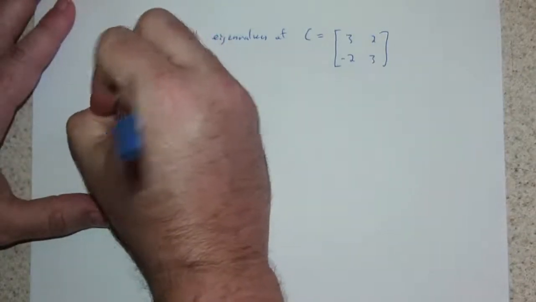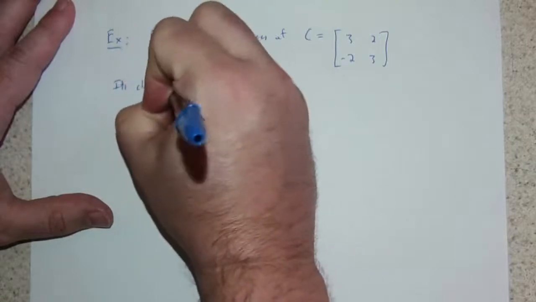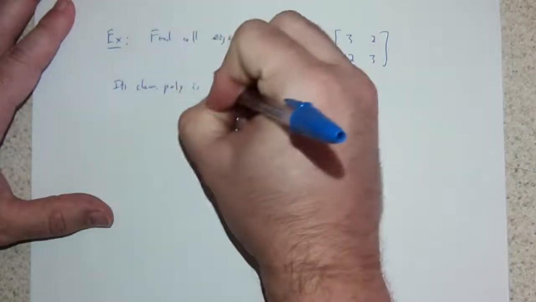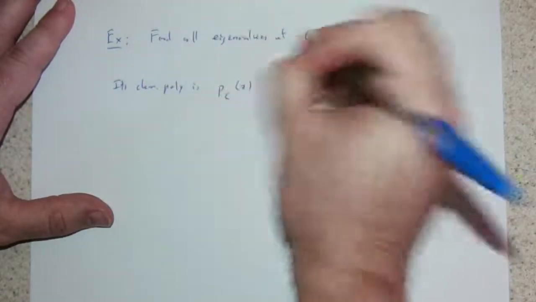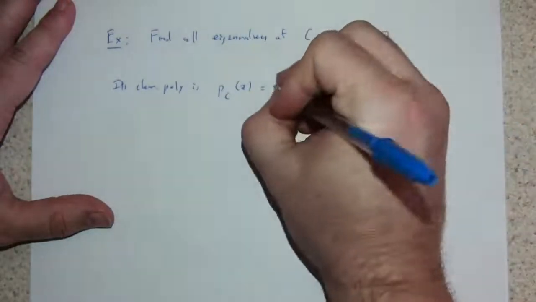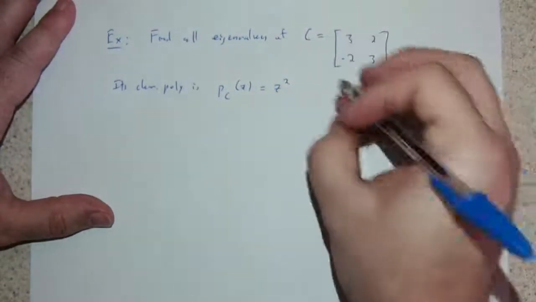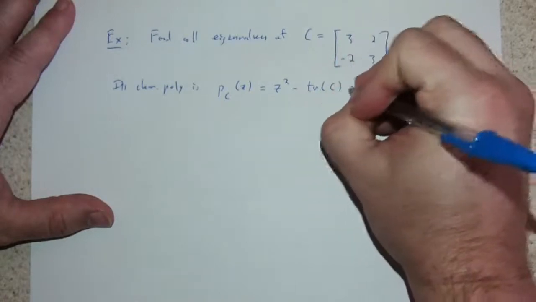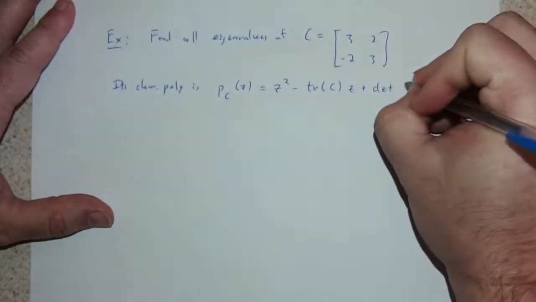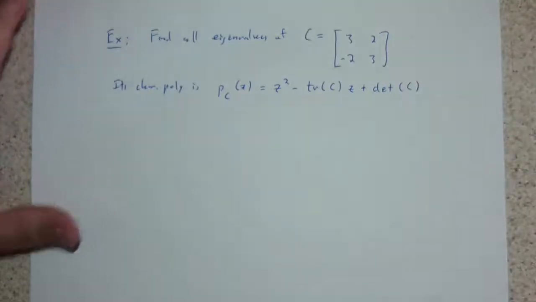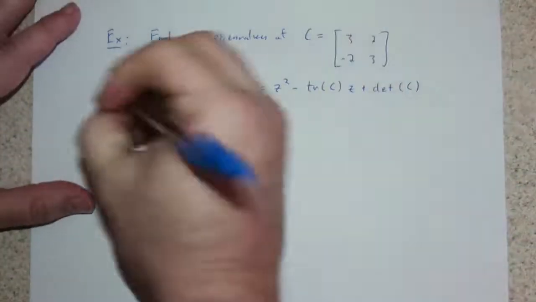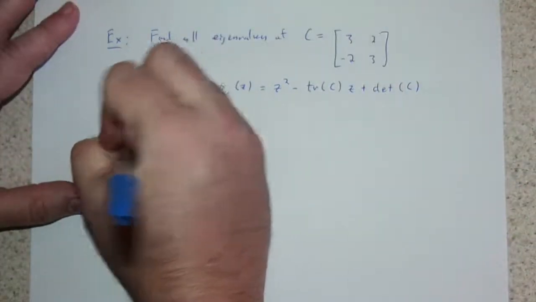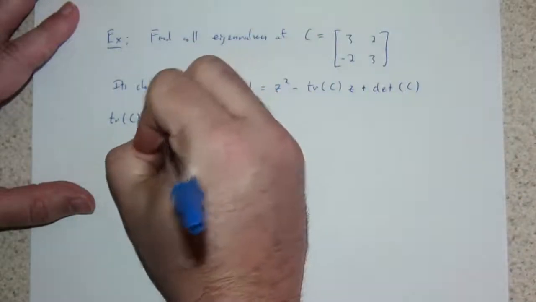So, first step, its characteristic polynomial is p sub C of z, which, again, because this is a 2 by 2, is z squared minus the trace of C times z plus the determinant of C. Well, the trace of C is again 6, right? It's 3 plus 3.